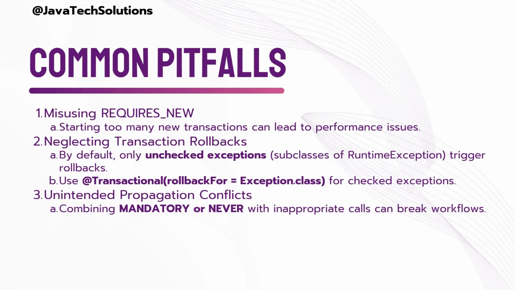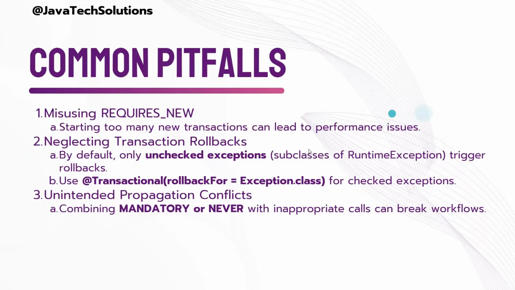If we want to allow the rollback for some checked exceptions, then we especially need to mention those using the rollbackFor property. And also propagation conflict, like combining mandatory or never with inappropriate calls can break the workflows. So these are the common things that we need to follow over here.